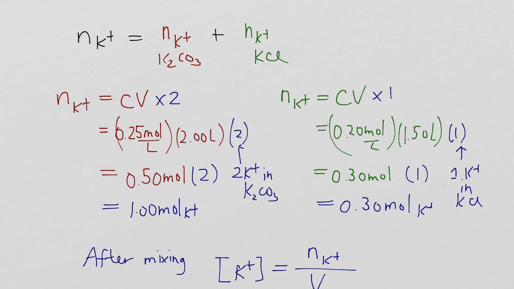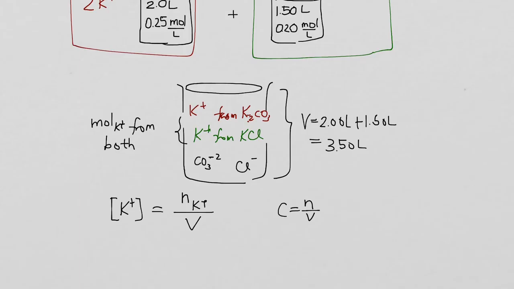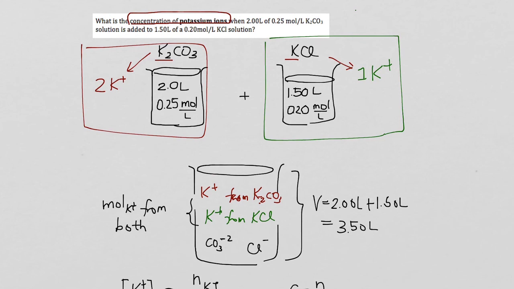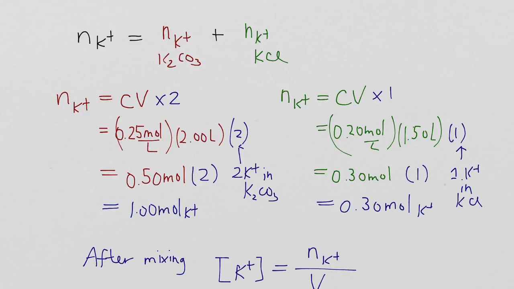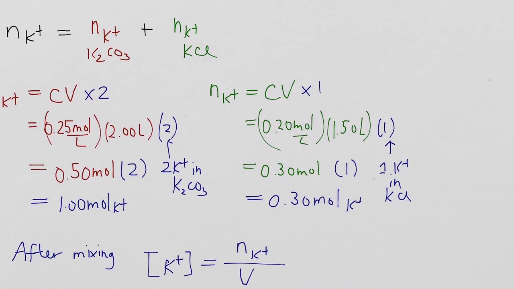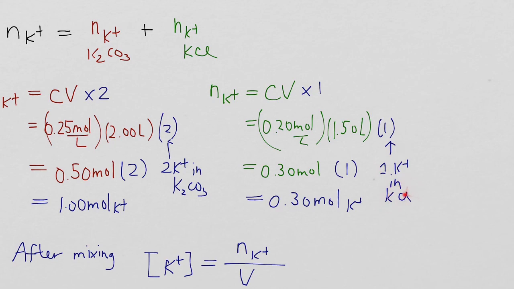And we have to make some changes to this because the number they gave us is the concentration of K2CO3, but we want the potassium ions. So for K2CO3, we have to multiply this by 2 to get the moles of potassium ions. Here, we didn't have to do that because there's only one potassium ion in KCl.